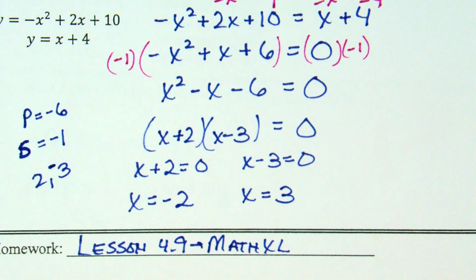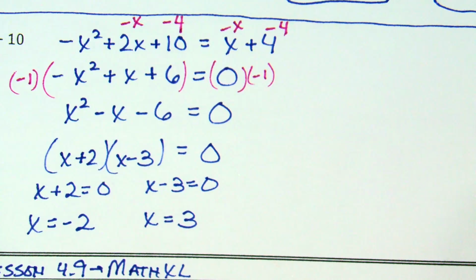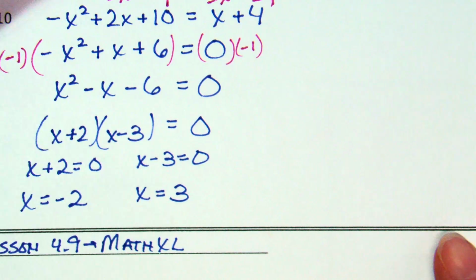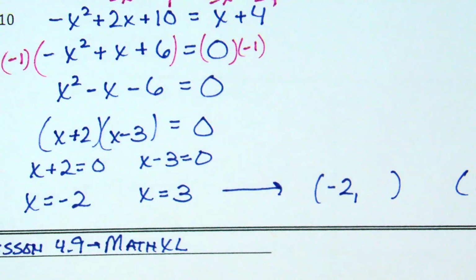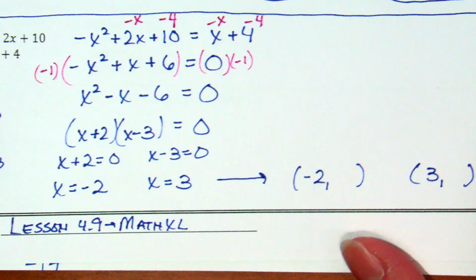No. I want to know where these two graphs intersect, so I need ordered pairs. What do I know about my answers? Yeah, I know the x's. I know negative 2 something and 3 something. How do I find those somethings? In other words, how do I find my y's?